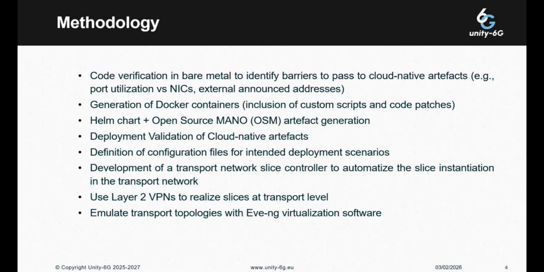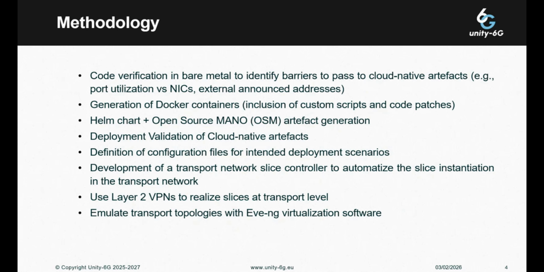So based on that, we generate the Docker container scripts where we also include custom scripts, because at the configuration process or when launching the mobile network entities, we will have to rewrite some parameters depending on the cluster where it executes, in order to enable portability.